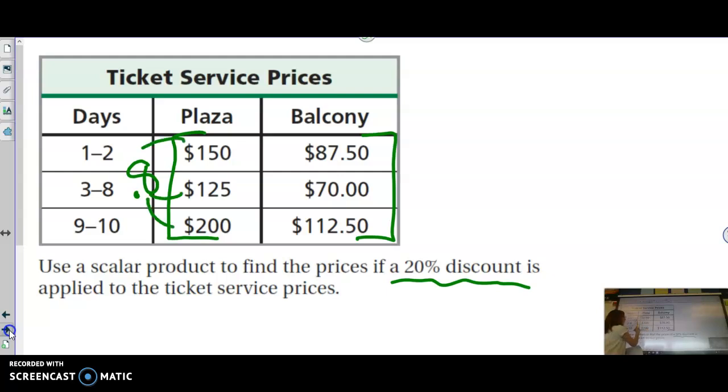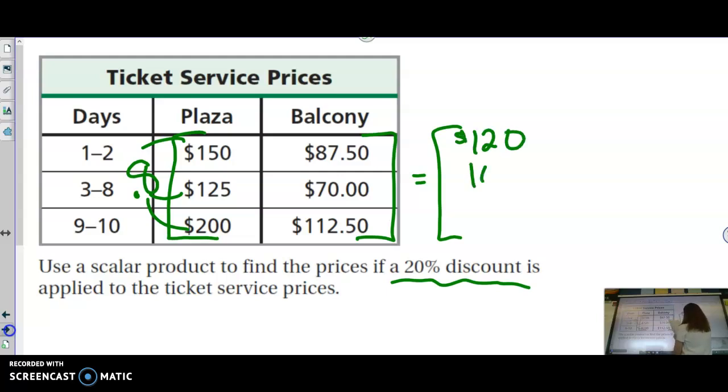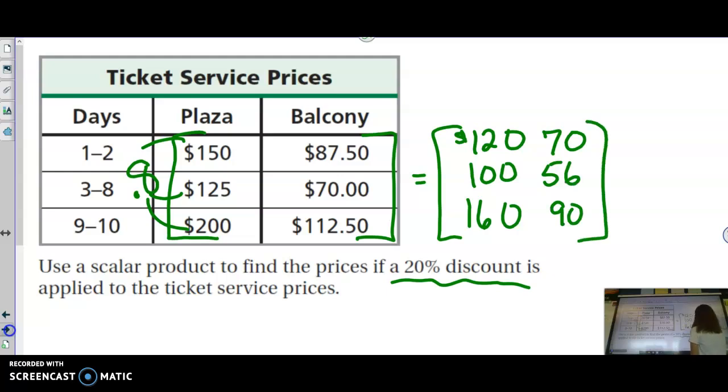So again, I'm just going to multiply every single number here by 0.8. You just take your calculator and go through and do that, and it would be $120, 100, 160. If I multiply the plaza values by 0.8, and then if I multiply the balcony values by 0.8, I'm going to get these numbers. So again, it's just a lot of distributing all at once to multiply a whole set of data very quickly by a discount.